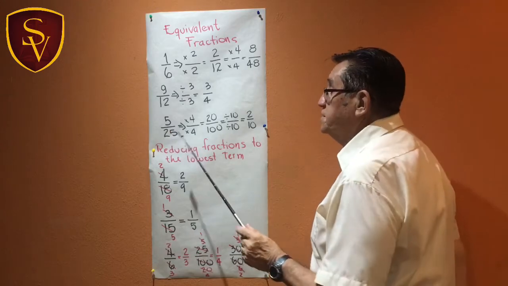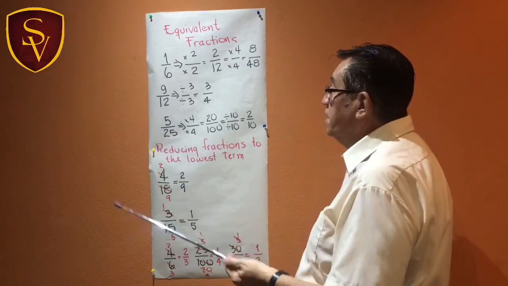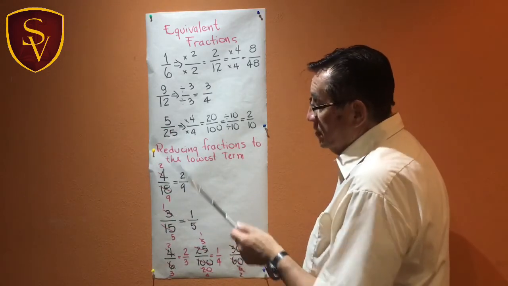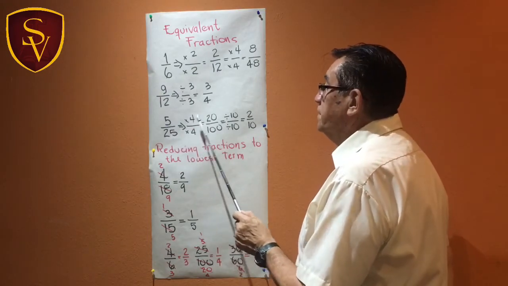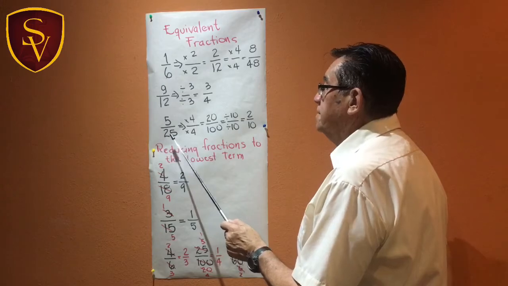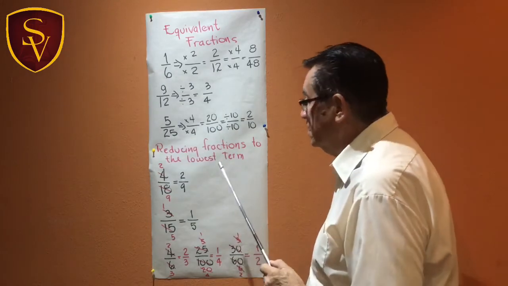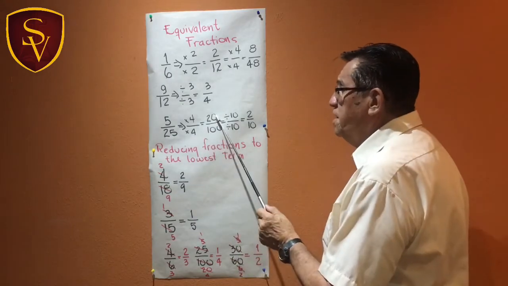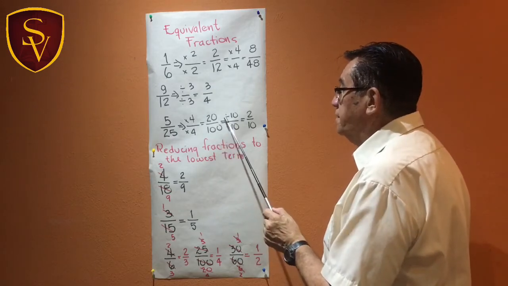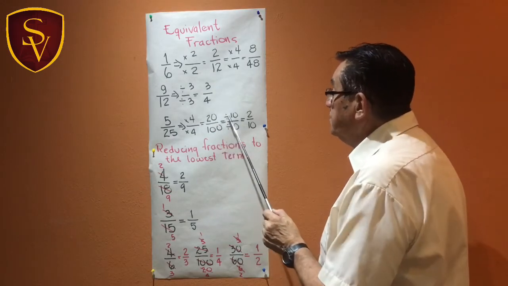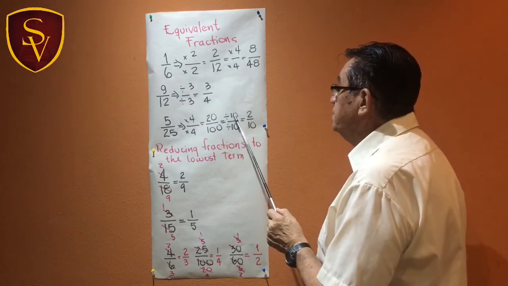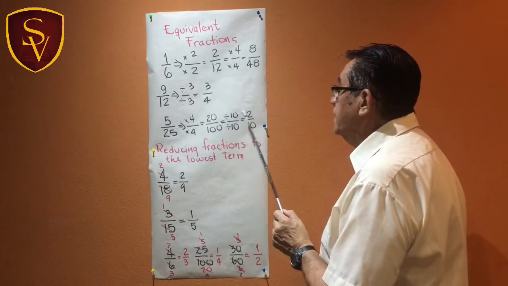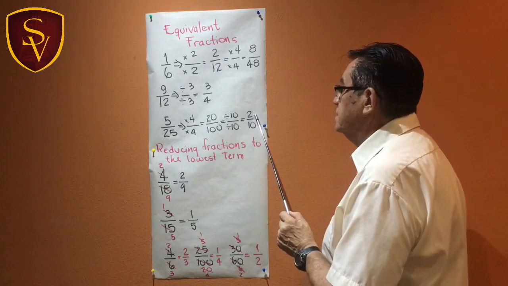Here is another example. Because we can change the same number with different factors. 5 times 4 equals 20. 25 times 4 equals 100. Well, I can change an equivalent number also by dividing this number by 10, because 10 is a multiple of 20 and 100. So if I divide 20 by 10, I get 2 as an answer.